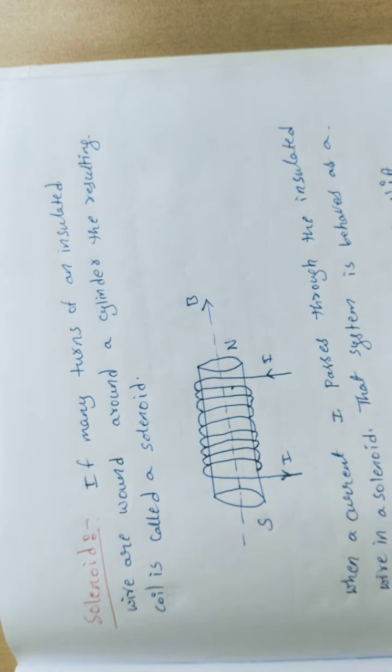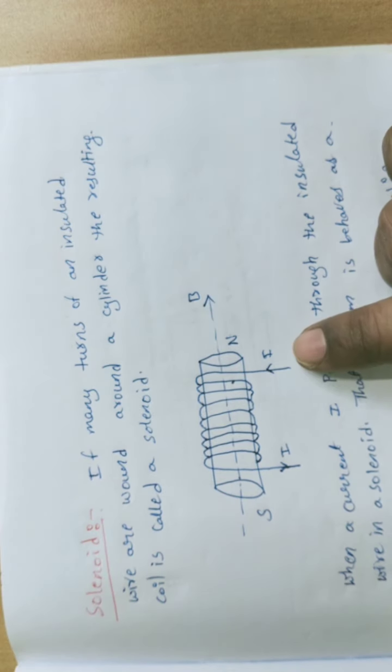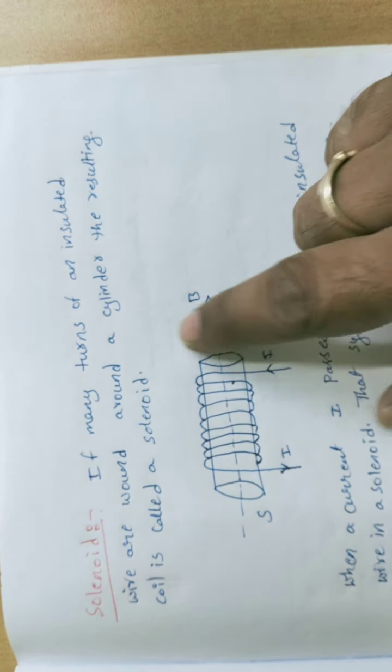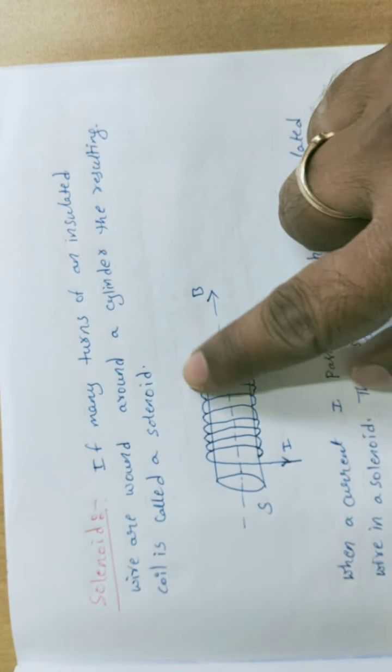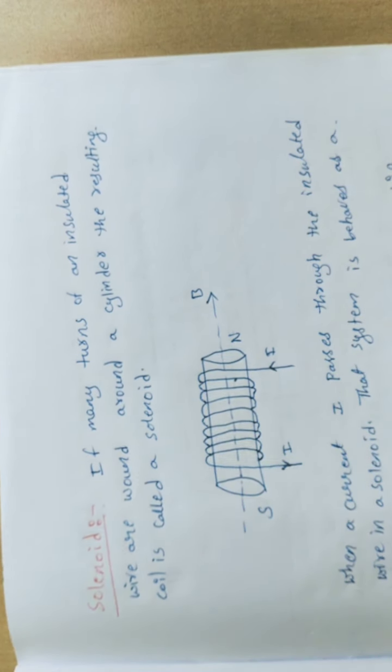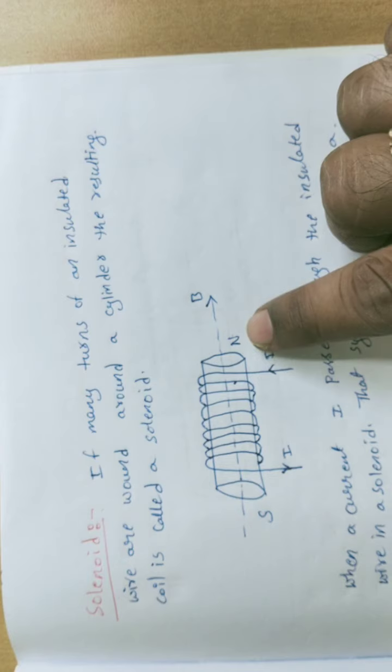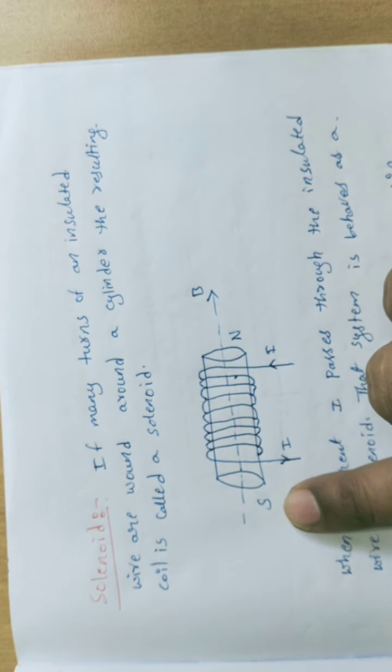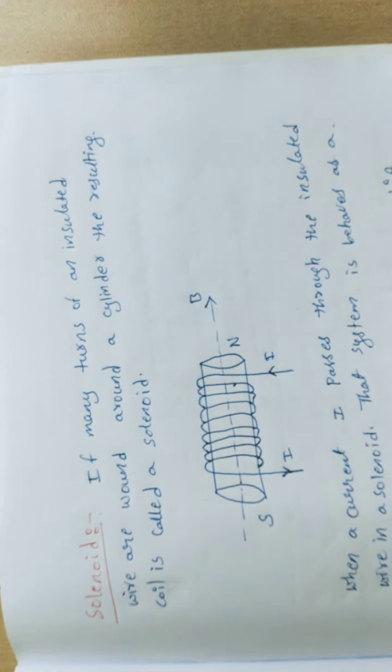Let capital N be the number of turns. If you pass a current through this wire, this entire arrangement behaves as a bar magnet, and north and south poles are induced.